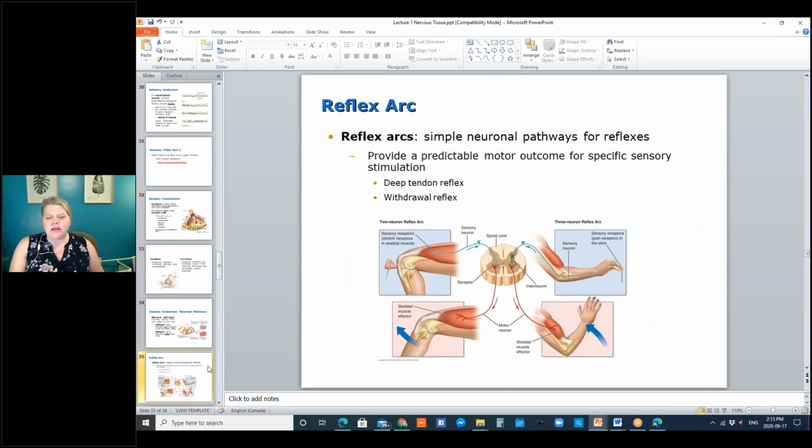So a reflex arc is very simple, because obviously higher level processes require far more neurons than a reflex. So thinking and remembering and integrating information requires so many more interneurons.